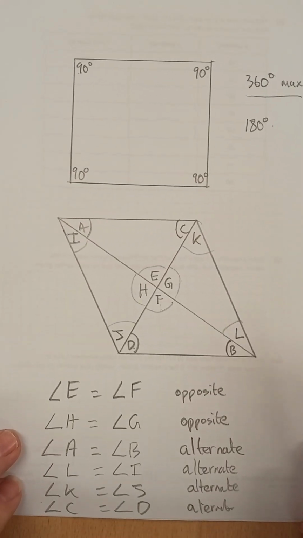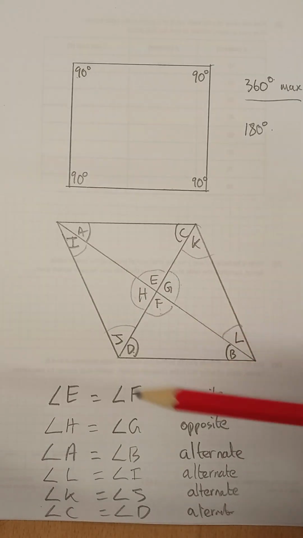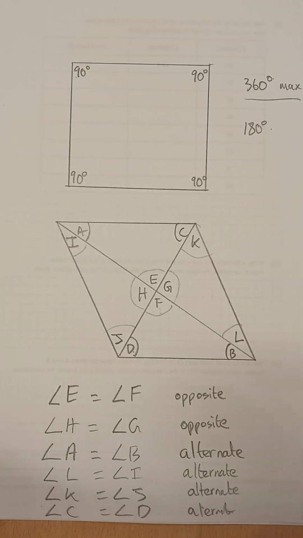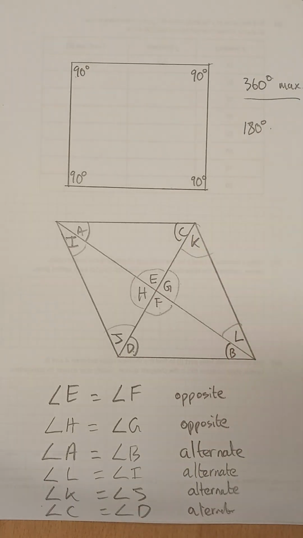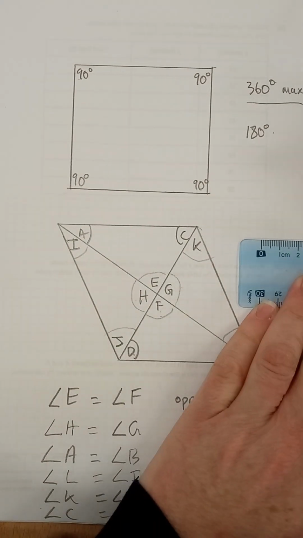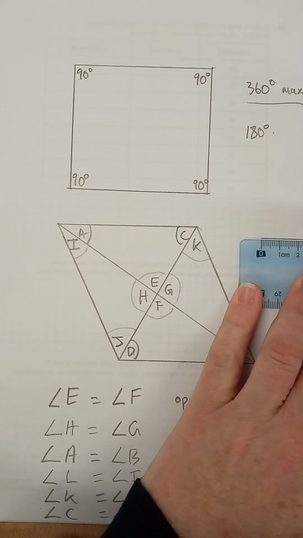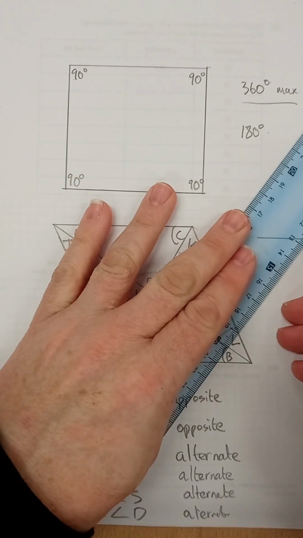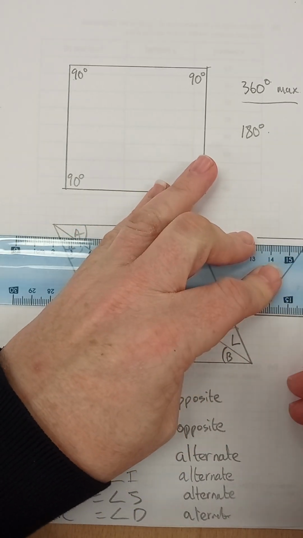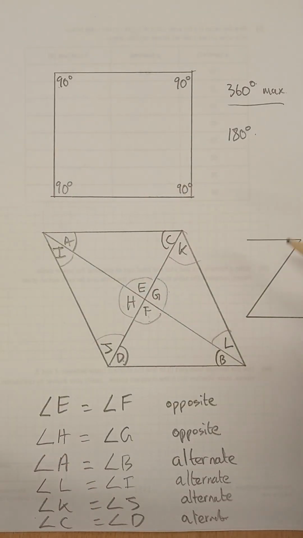Brilliant. Now, is there a way of showing this or knowing that you can use this trick? There is. If I was to just show you this, the letter Z. Okay, can you see a Z anywhere in here?